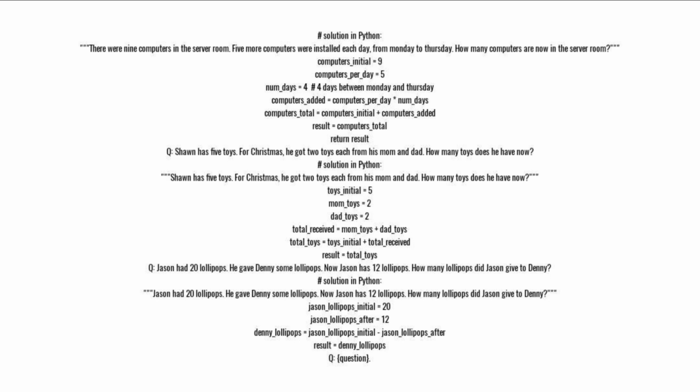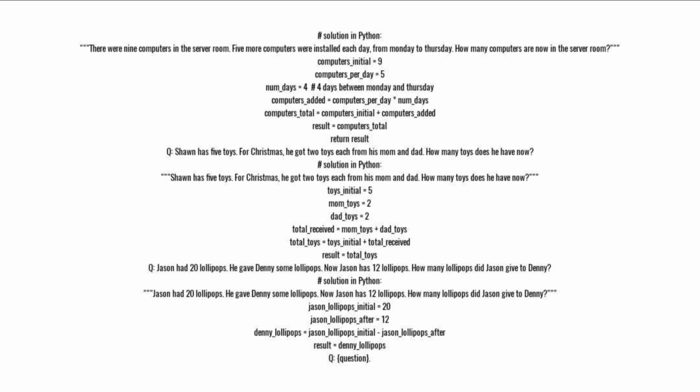How many computers are now in the server room? computers_initial = 9. computers_per_day = 5. number_days = 4, 4 days between Monday and Thursday. computers_added = computers_per_day * number_days. computers_total = computers_initial + computers_added. result = computers_total. return result.